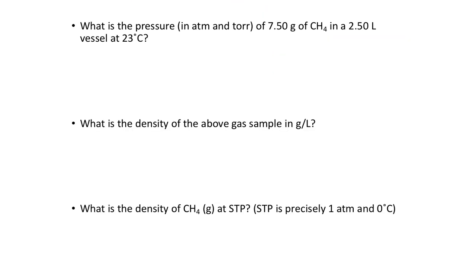So let's take a look at a couple of problems. The first one: what is the pressure in atm and torr? Let's calculate in two different units for 7.5 grams of CH4, methane, in a particular vessel at 23 degrees C. I have volume and temperature, and I want to calculate pressure, and I have mass, where I could get molar mass and therefore get moles.